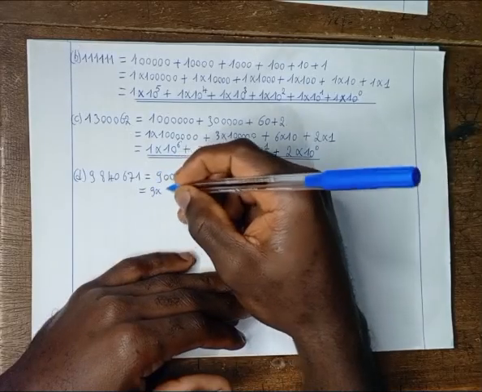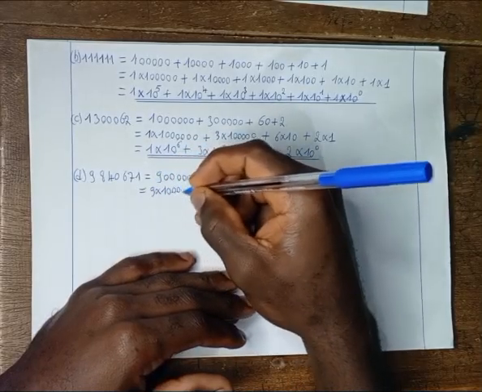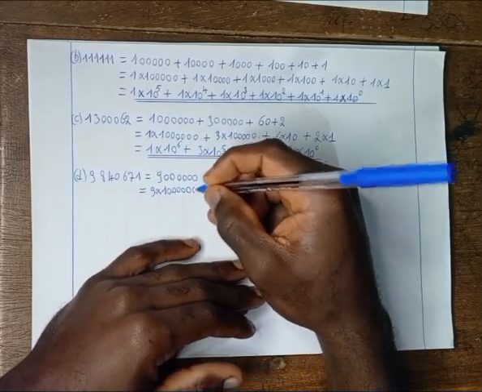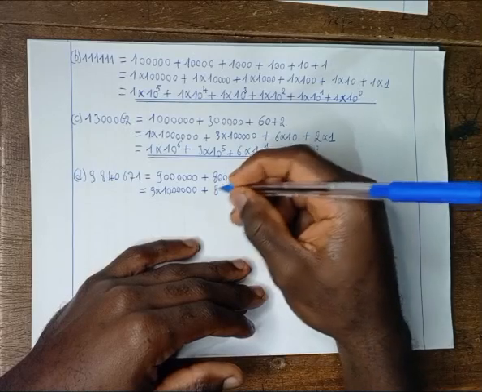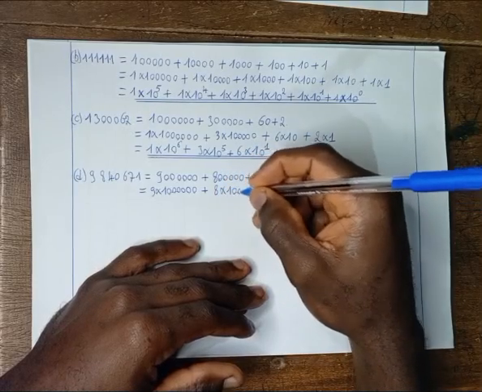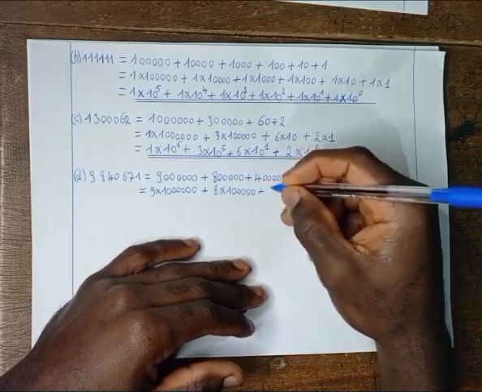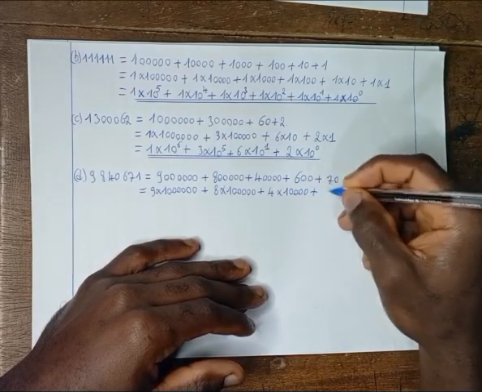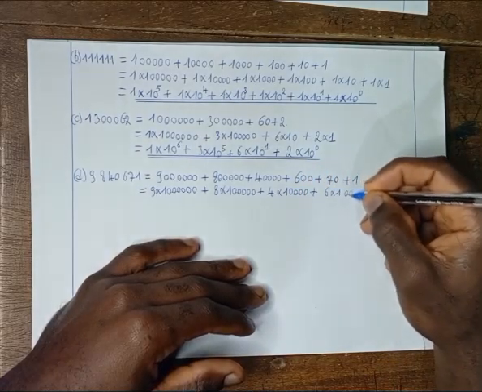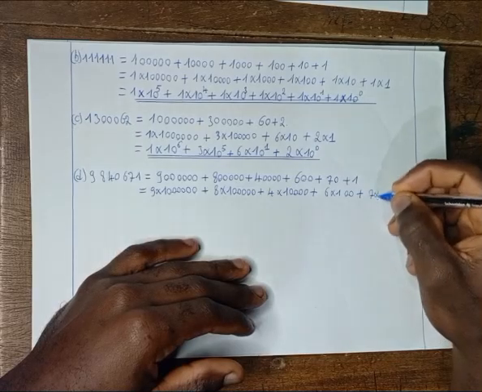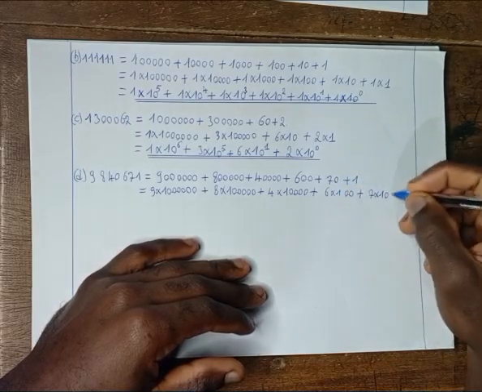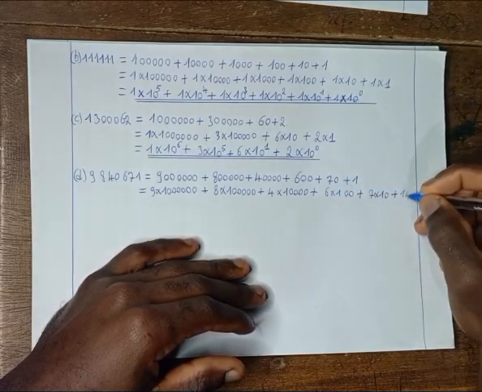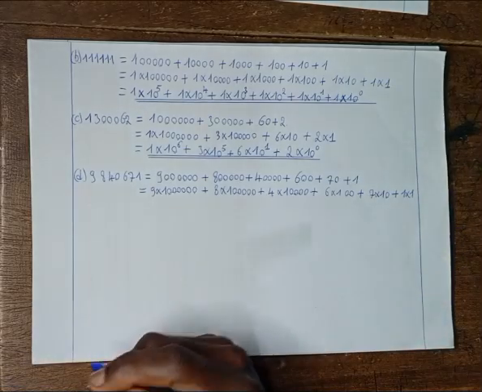This is the sum as 9 times 1 million plus 8 times 100,000 plus 4 times 10,000 plus 6 times 100 plus 7 times 10 plus 1 here can be written as 1 times 1.